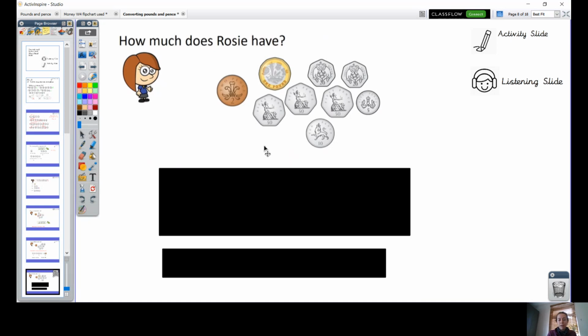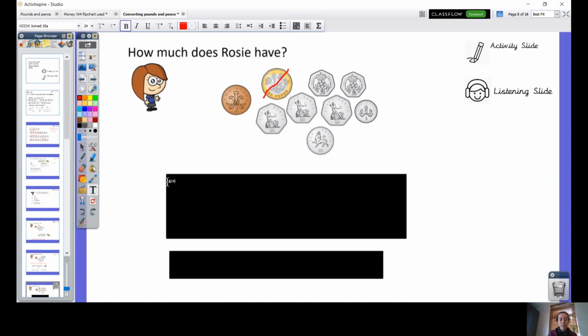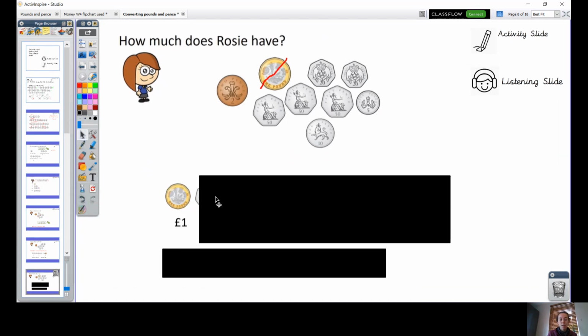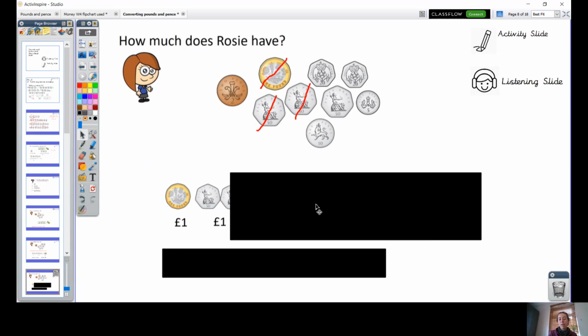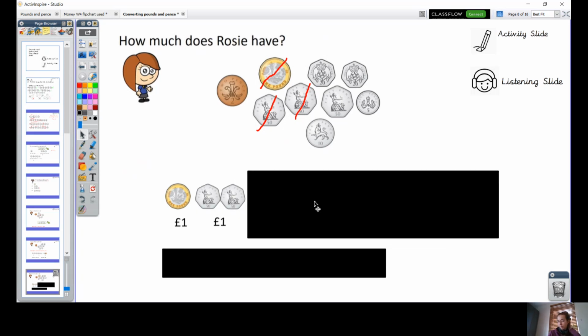Now, we always say, don't we, to count the pounds first. Can you spot any pounds in that amount? I can. There's a pound here, isn't there? So I'm going to count that one first. There we go. Now, can you spot any other coins here that make a pound? Well done, straight away. I've got two 50p's and they make another pound. Now let's have a look at the coins we've got left.